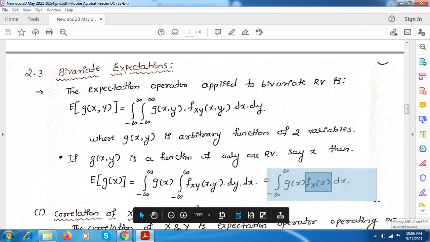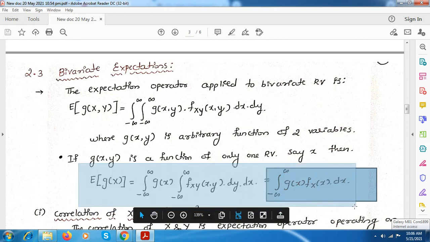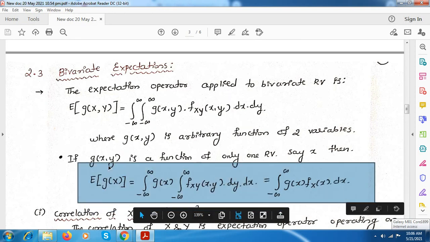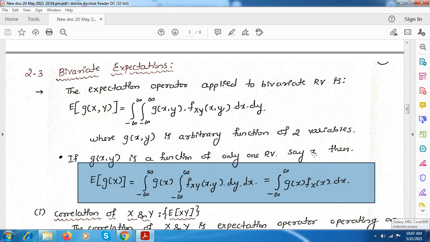This remains as it is. So if this function varies only with respect to any one of the random variables, then the equation reduces like this. Just take down this also. Here g of x comma y is a function of only one random variable. For example, we have taken x. It can be with respect to y also.